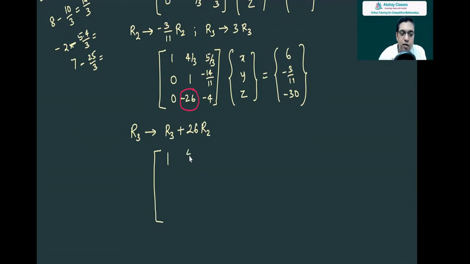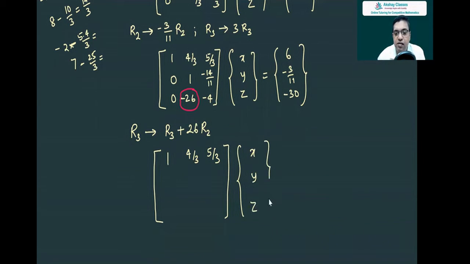So 1, 4 by 3, 5 by 3, X, Y, Z, 6, minus 3 upon 11. Okay, R3 will change, so I cannot write this one. R2 remains as it is, 0, 1, minus 14 by 11.